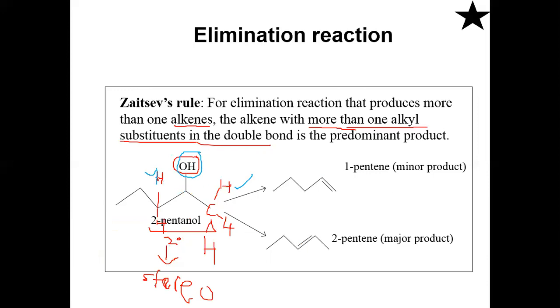So H mana dia akan buang? H yang warna biru ataupun H warna merah yang akan dia buang untuk eliminate water. So dalam Saytzeff rule dia cakap more alkyl substituent is predominant. So katakanlah kita buang hydrogen warna biru.